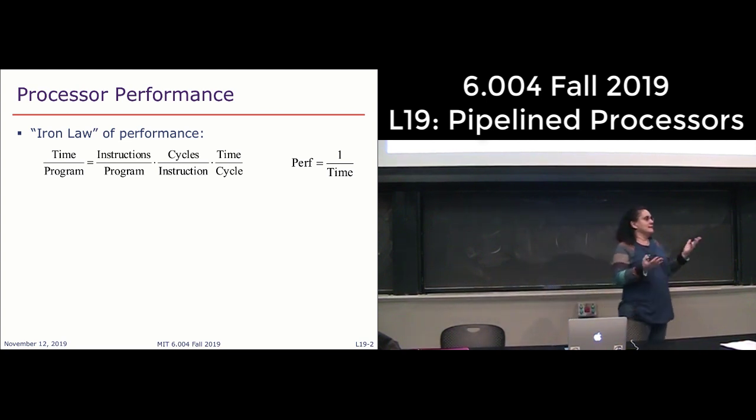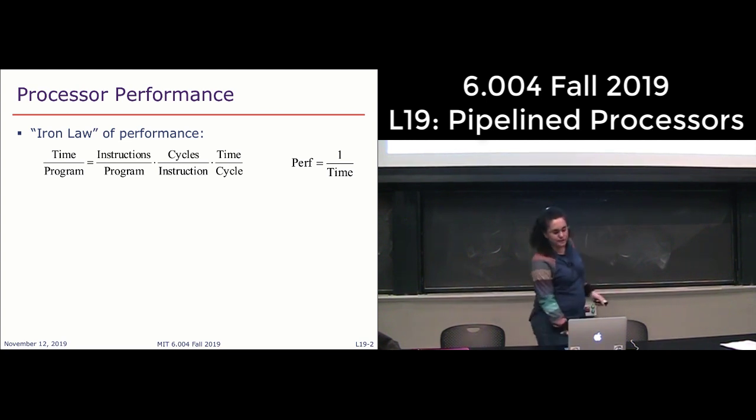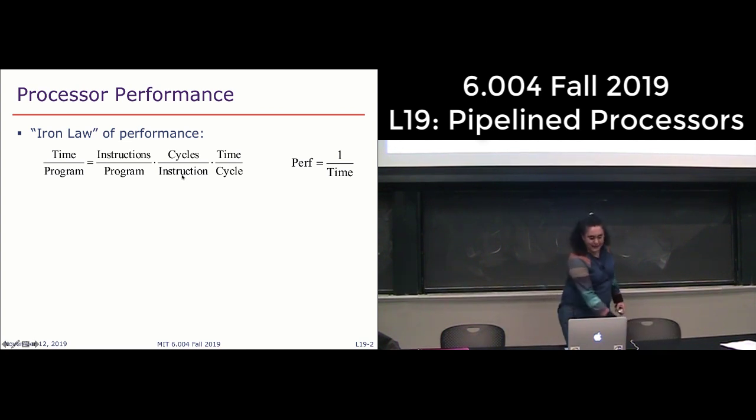To calculate that, there are basically a few terms we have to take into consideration. The first is the number of instructions in your program. The second is the number of cycles it takes to execute each instruction. And the third is how long each cycle takes.